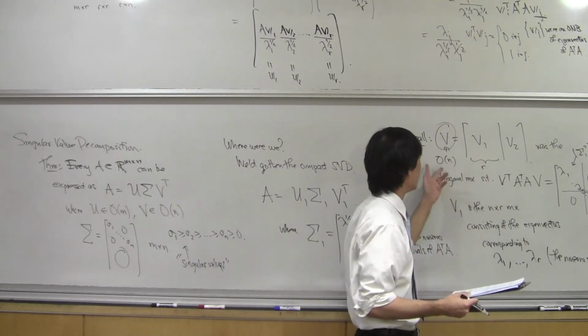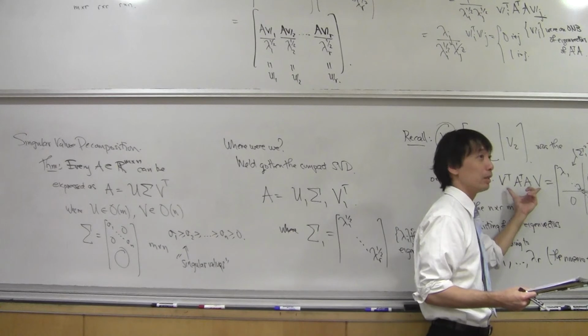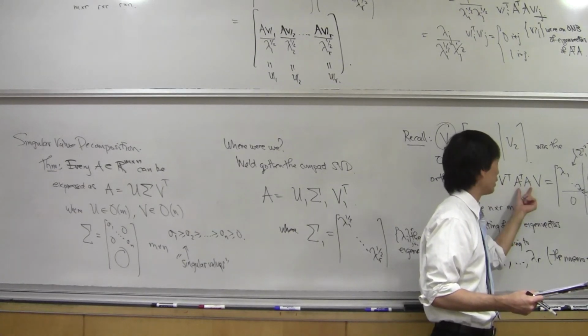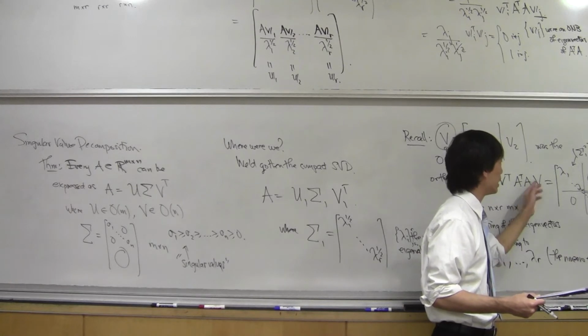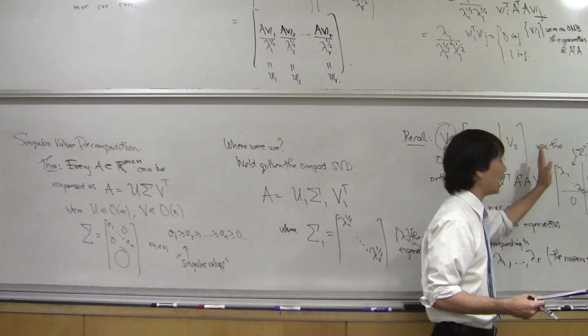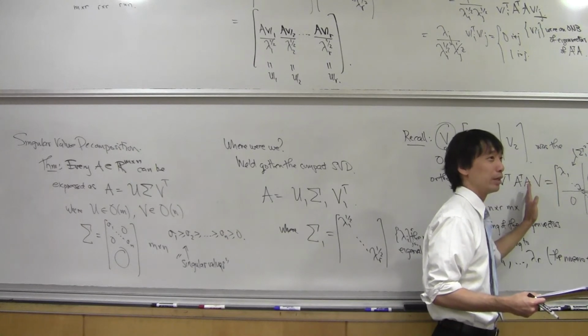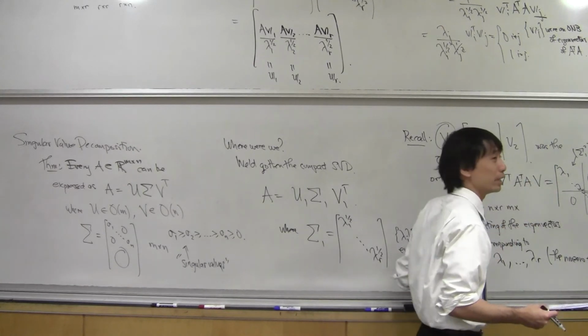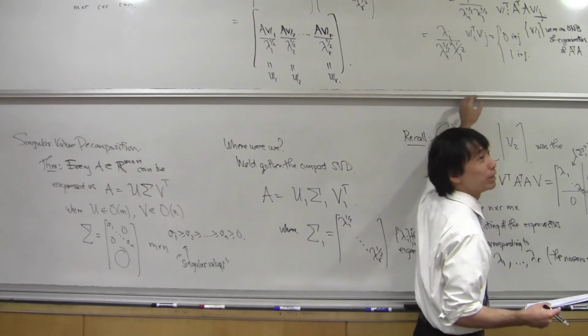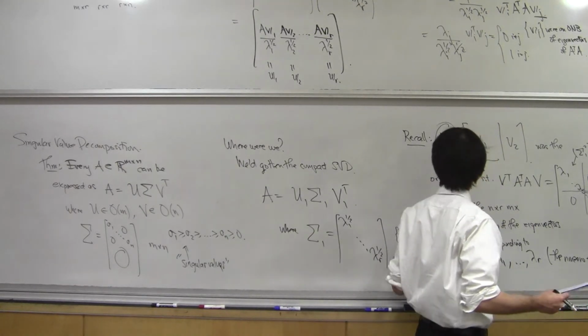Now, what was the V matrix? The V matrix was the thing that diagonalized A transpose A. If it diagonalizes A transpose A, that means that its columns are eigenvectors of A transpose A, right? So A transpose A Vj is just going to be lambda j Vj.